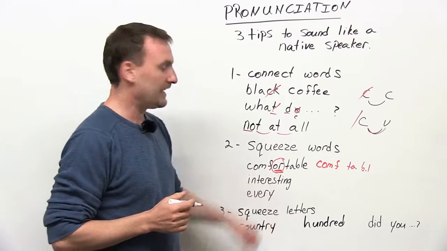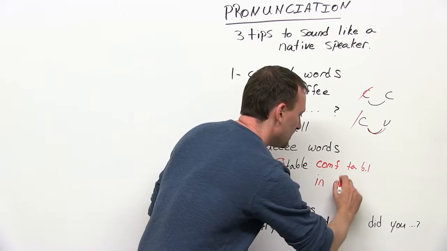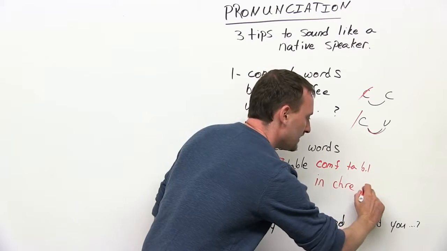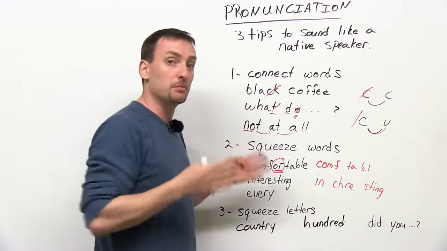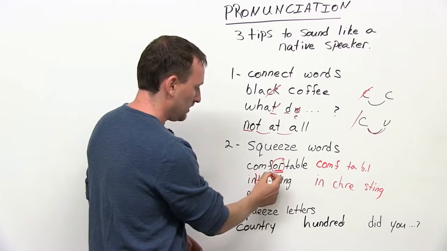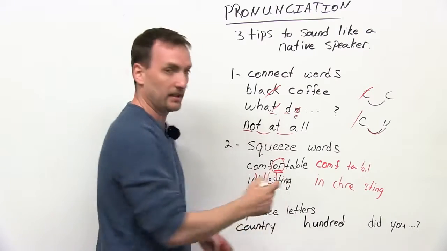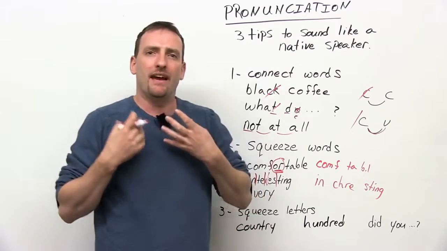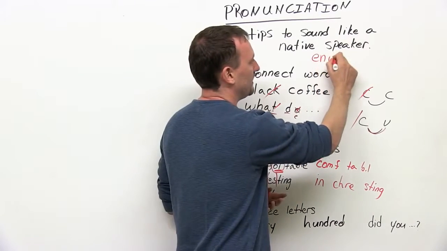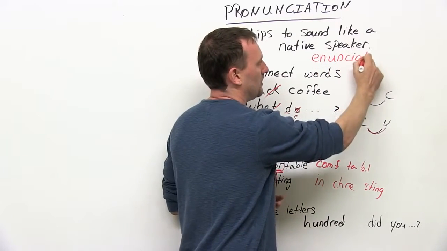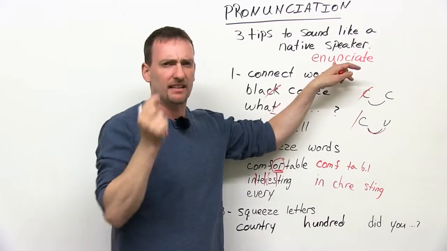Another word like that, interesting. Find out what the syllables are. So interesting. If you want to emphasize something, we have a word called enunciate. When someone wants to emphasize a word, then they enunciate each syllable.